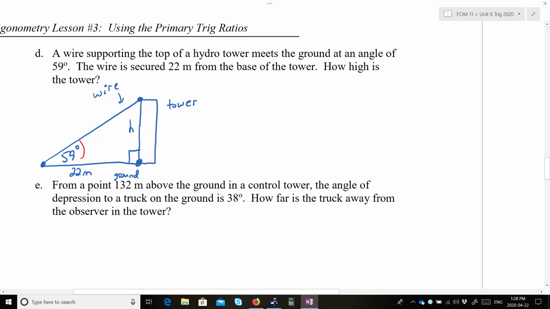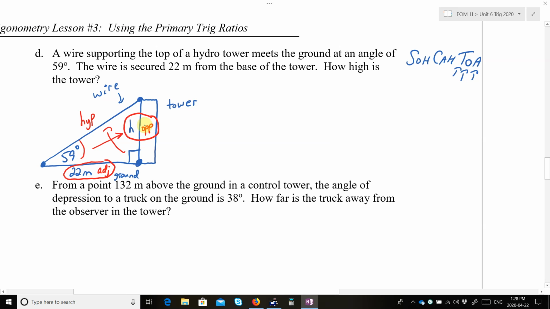Okay, and so given that we have that angle 59 degrees, straight across from it is the opposite side. Across from the 90 is the hypotenuse, so this 22 is the adjacent. Again, we want to figure out how high the tower is, so we want to figure out H, and we have the adjacent. So opposite and adjacent again, which comes from tan. If I were to write out SOHCAHTOA, which ratio deals with opposite and adjacent, that is tan.